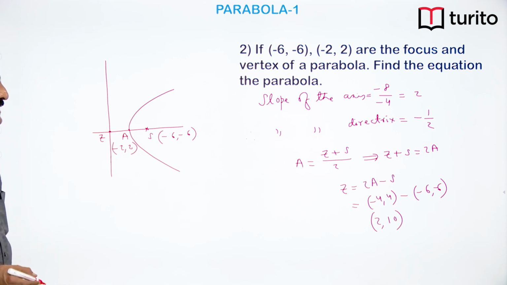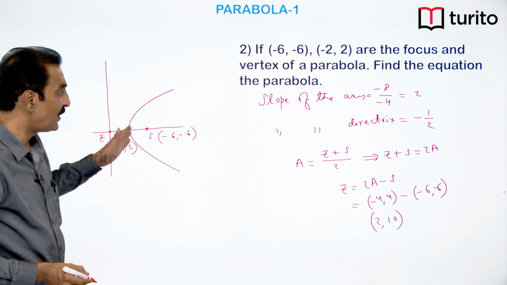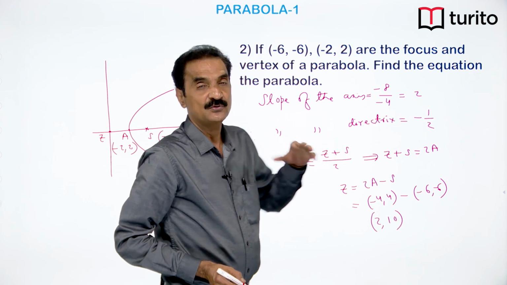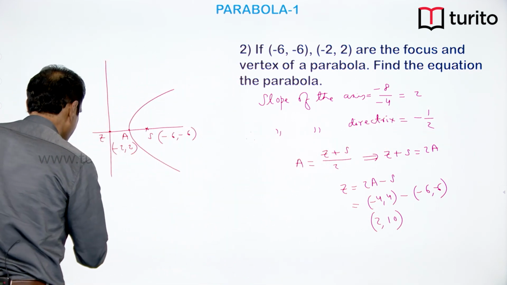Now, after getting Z, the directrix is the line passing through Z and having slope -1/2. So, what is the equation of the directrix?